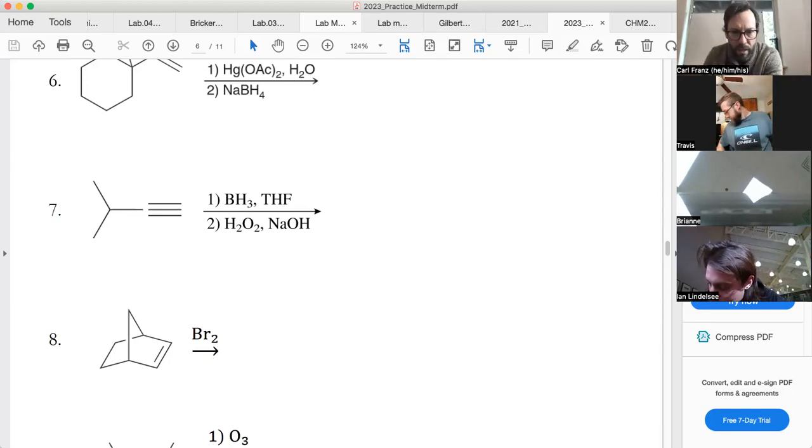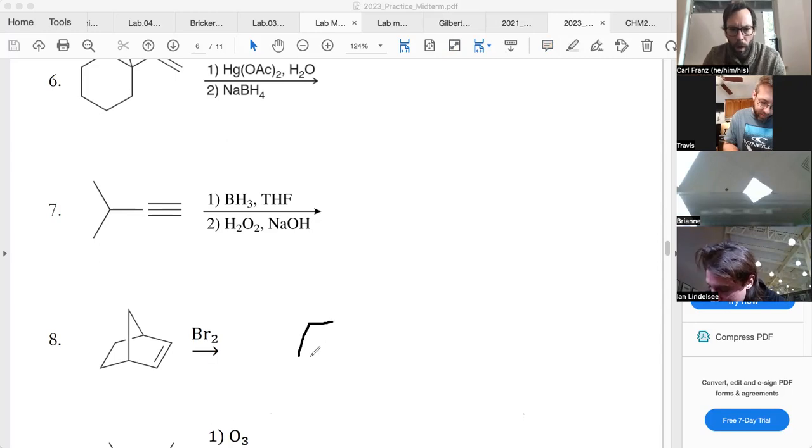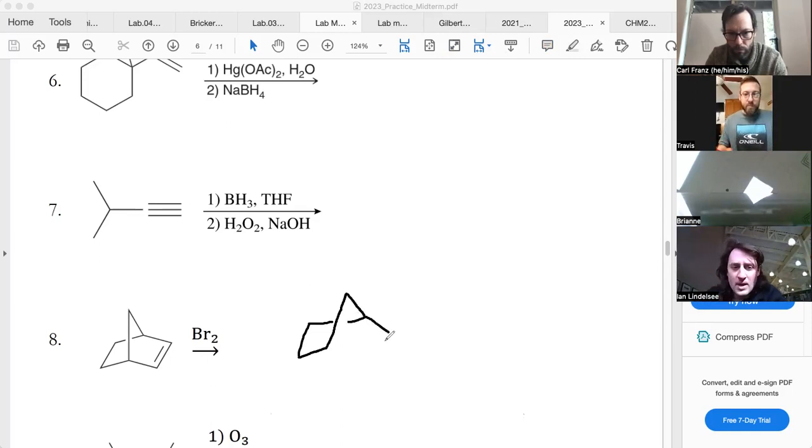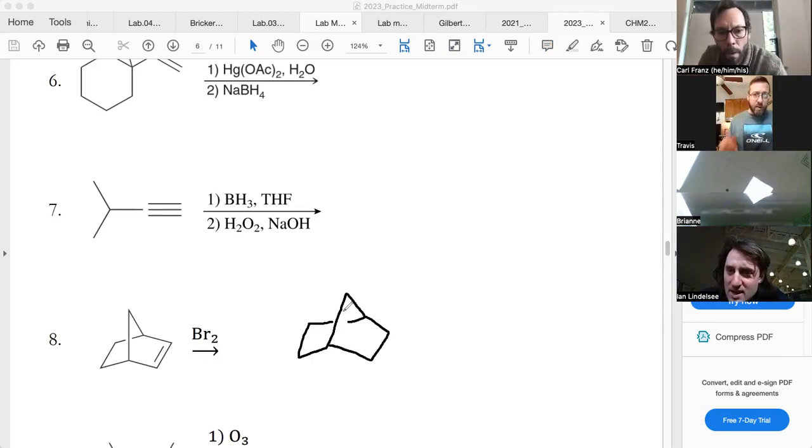So, look what you've got here. Let me see if I can attempt to draw this. Let's put this down here. Okay, and so this can be, the addition can be, anyway, so it'd be plus an enantiomer.